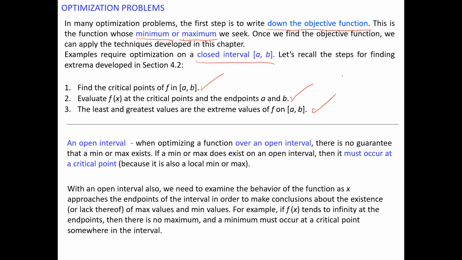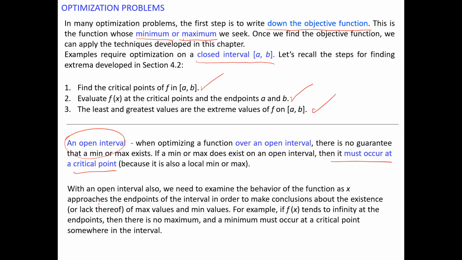On an open interval, first of all, we may not have a guarantee that the maximum or minimum exists. But if the minimum or maximum exists, it must happen at a critical point. It looks like we always have to find the critical points. And also, having a critical point and proving through the first derivative test or second derivative test that it is a minimum or maximum, we still have to double check the end behavior.